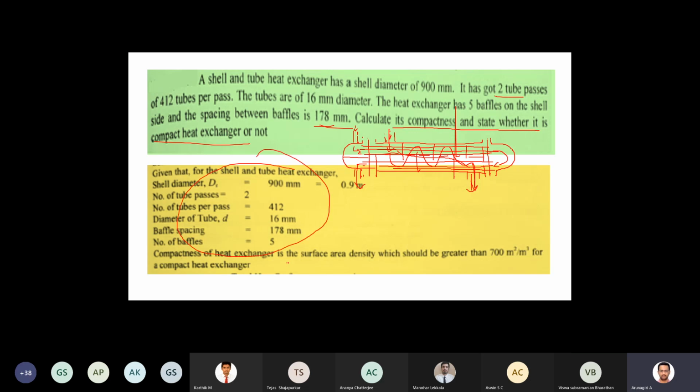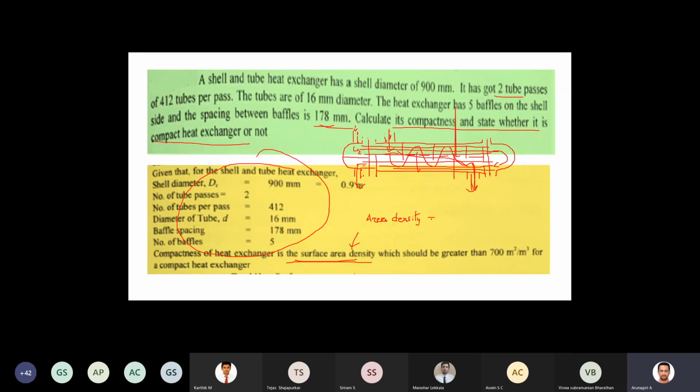Compactness of a heat exchanger is the surface area density. We know what area density is.